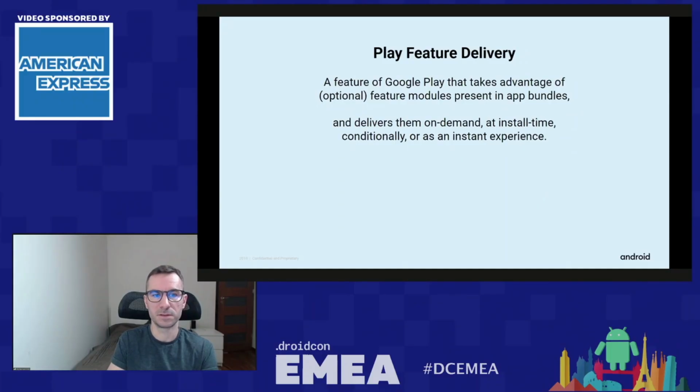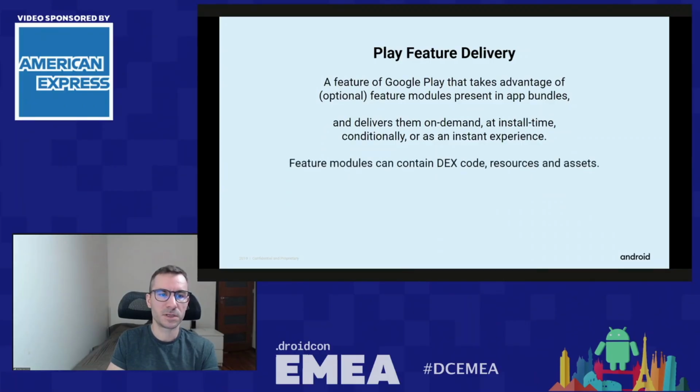They can be delivered either on demand using the API that I mentioned, or at install time, so together with your app when the user installs it from the Play Store, or conditionally based on configuration that you specify, such as the user's country or the user's device's hardware capabilities, like does it have a camera or not. And finally, some modules can also be delivered as an instant experience.